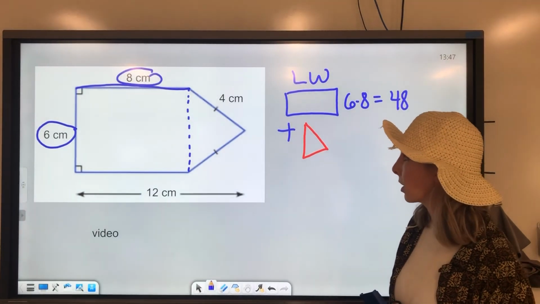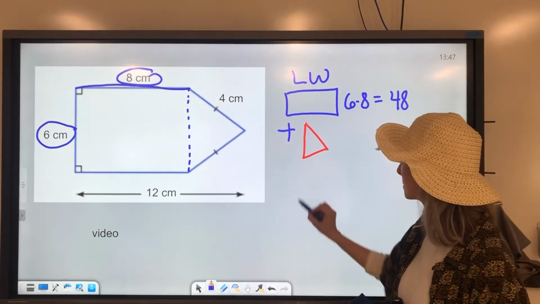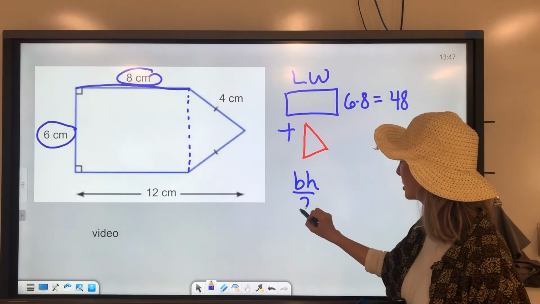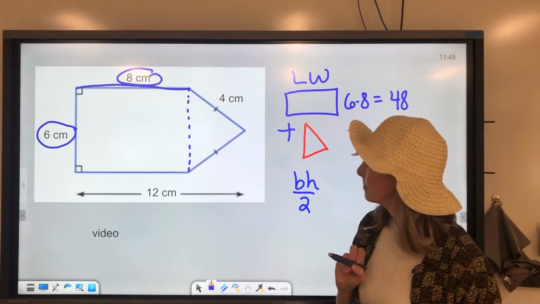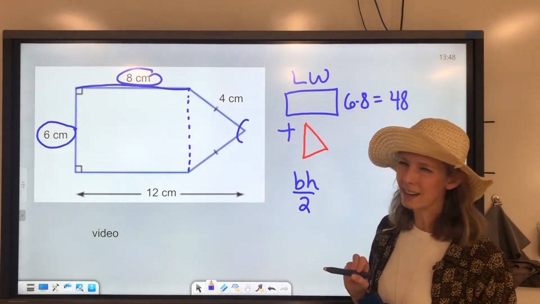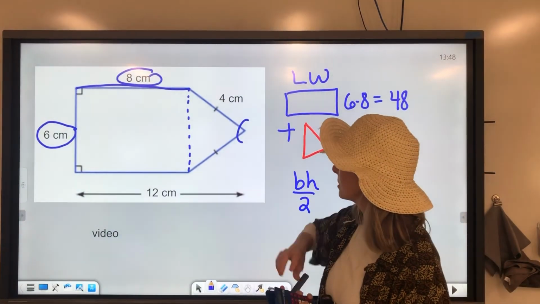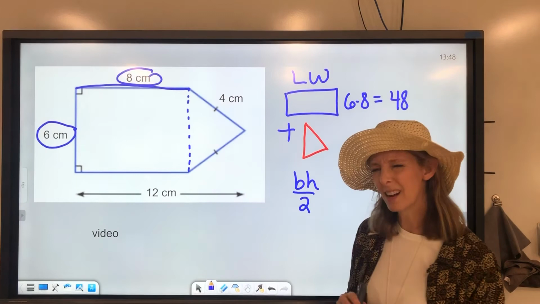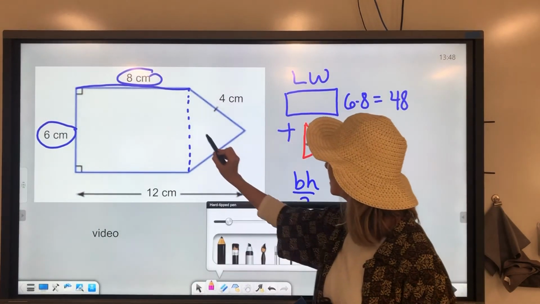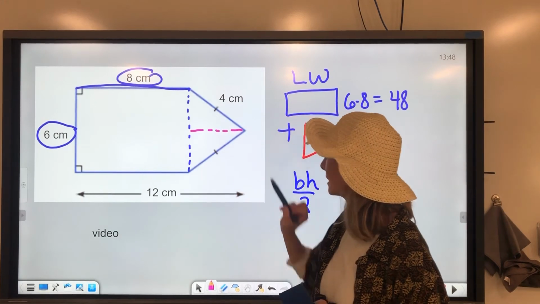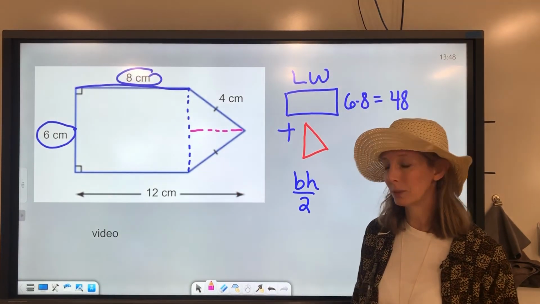All right, well, our triangle, of course, is base times height divided by 2. Let's see what we know. I notice that is not a 90-degree angle, so I'm not going to use that 4 centimeters. That's not going to be my height or my base. My height is going to have to come right there, and it's not labeled.